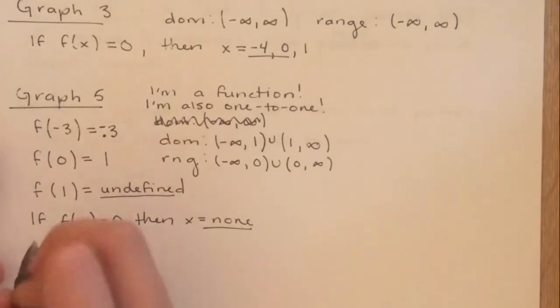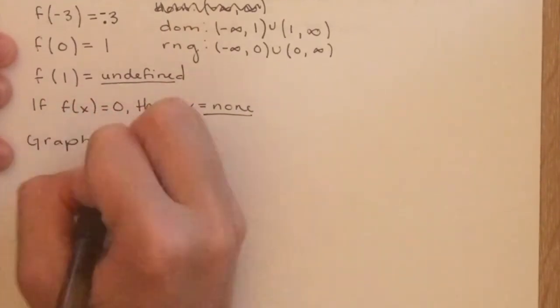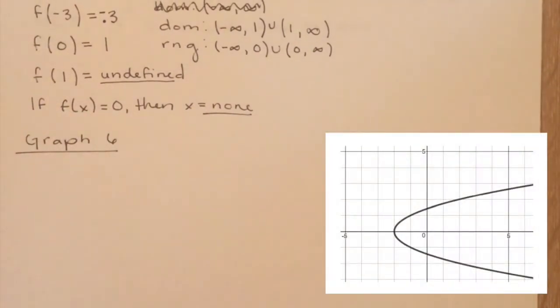Okay, one that I want to look at now, that we haven't looked at yet, is graph 6. So does this graph represent a function? Let's check the vertical line test. Do any vertical lines passing through this hit the graph more than once? Yes, totally. A bunch do, right?